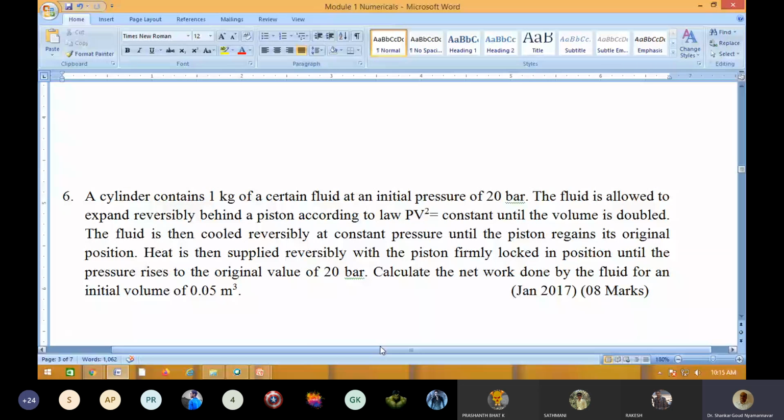Heat is then supplied reversibly with the piston firmly locked in position until the pressure rises to the original value of 20 bar. Calculate the net work done by the fluid for an initial volume of 0.05 meter cube. Read this statement carefully and try to solve this.